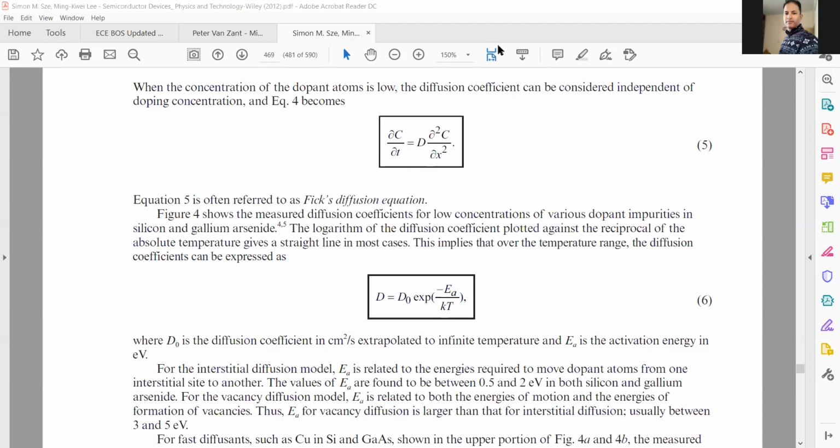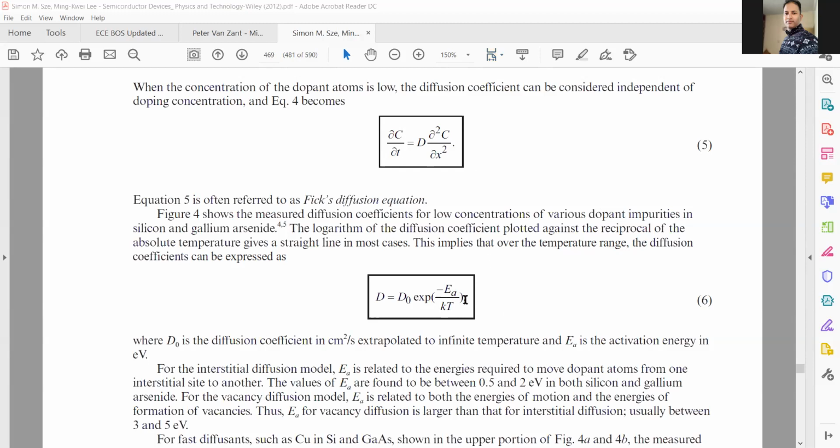This activation energy depends on the type of dopant, its size and weight, and the medium in which that dopant is going to diffuse. All those environmental factors determine the effective activation energy.